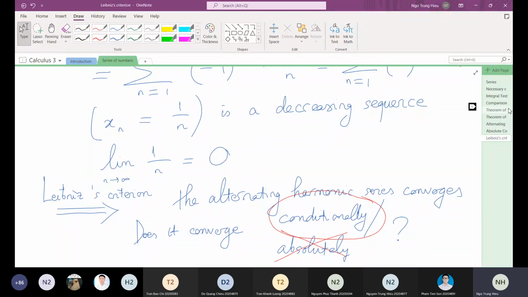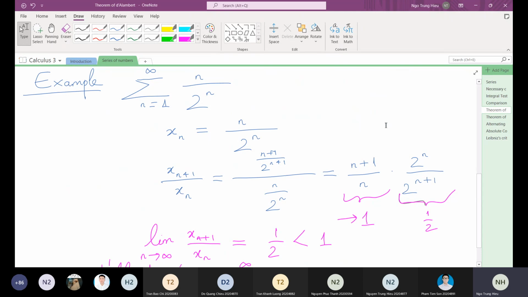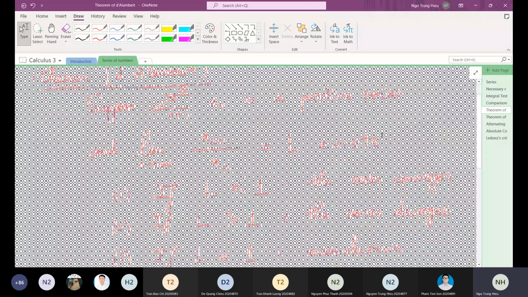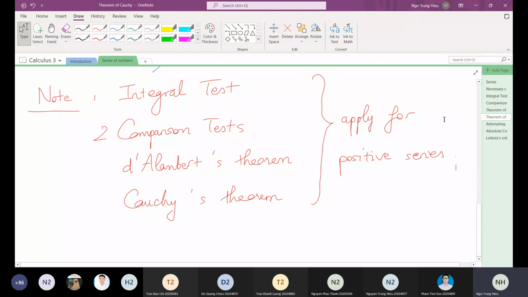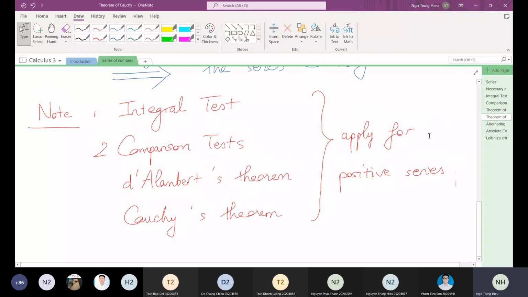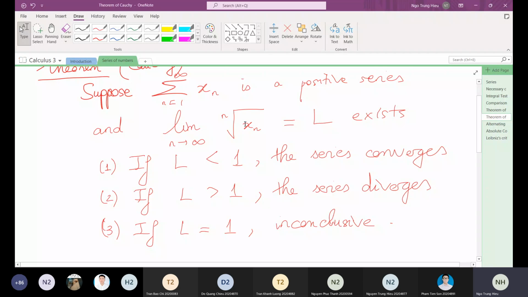So previously we learned the D'Alembert theorem for positive series, which takes the quotient and we consider the limit of the quotient, and also the Cauchy theorem for positive series, which we take the nth root, right?